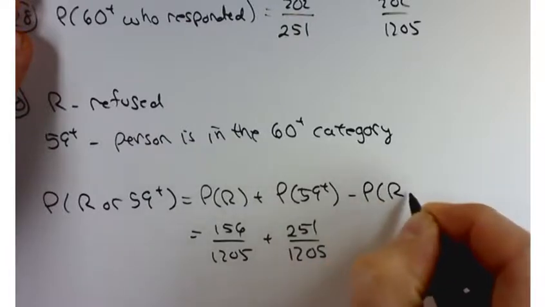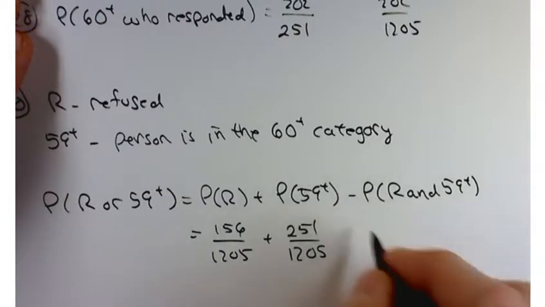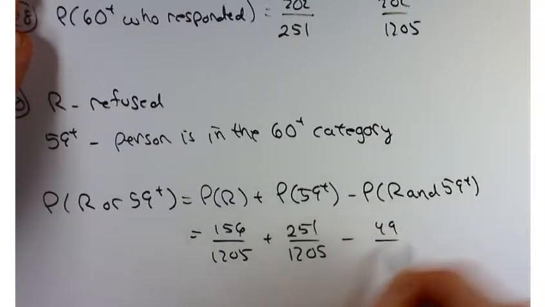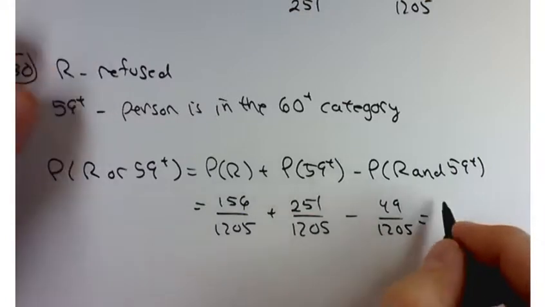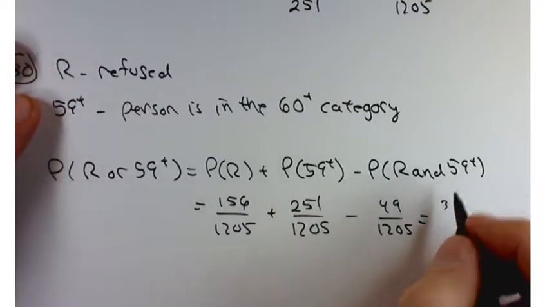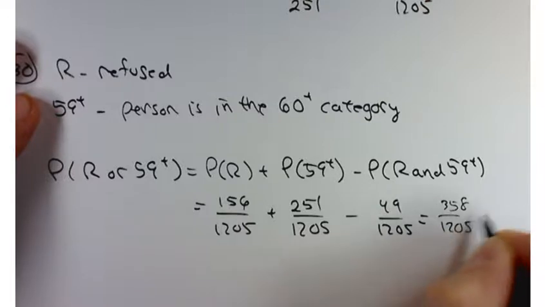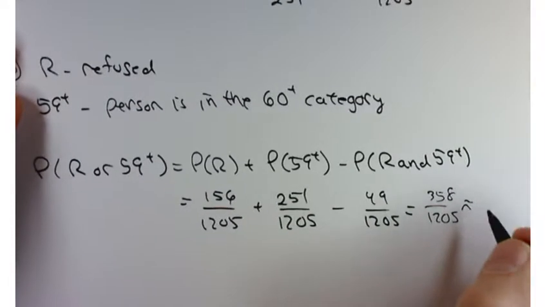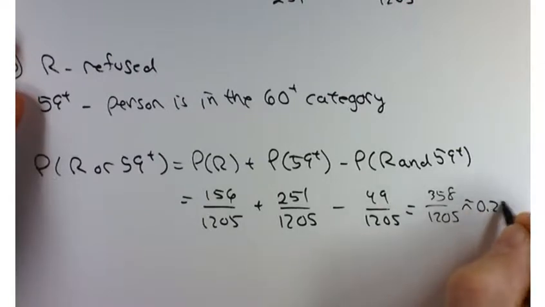Probability of R and 59 plus. So that'd be 49 over 1205. So that gives me a total of 358 over 1205. The author seems to like rounding off these probabilities to 3 decimal places, so I'll follow suit. 0.297.